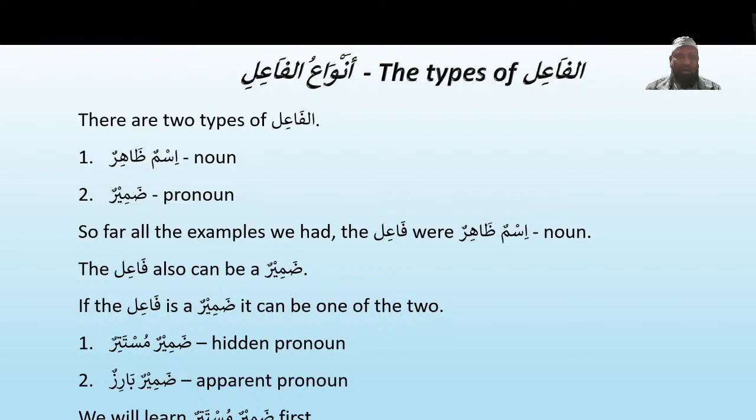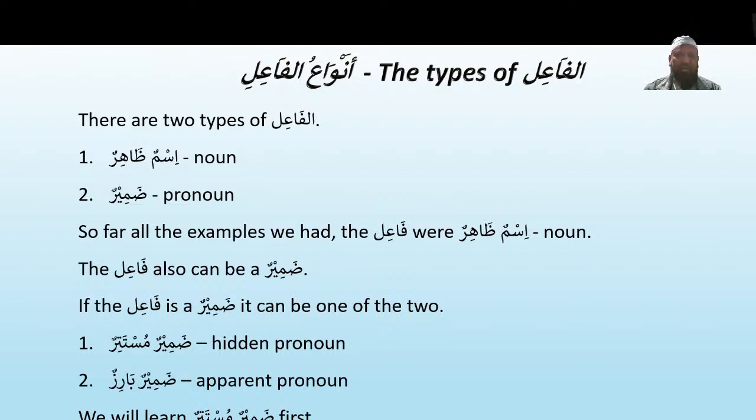Two types of fa'il and also two types of damir. If you don't understand the two types of damir, again, I will say it doesn't matter. But you have to understand the two types of fa'il at this moment. We can understand further on. Two types of fa'il.